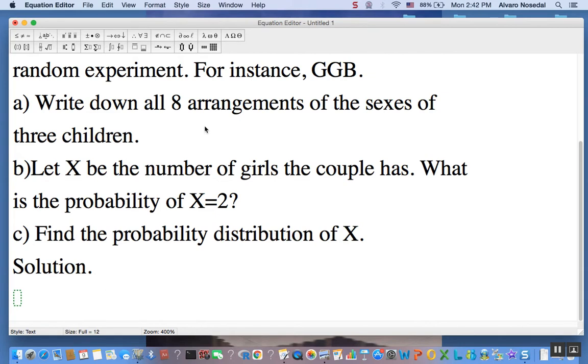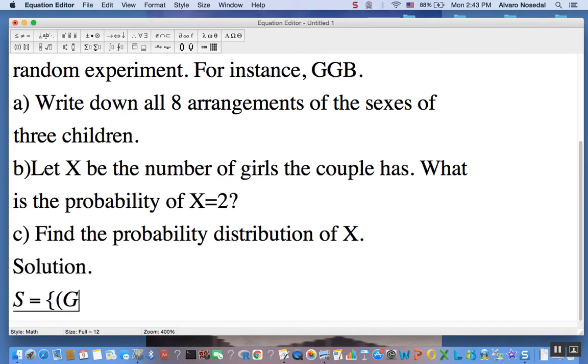So let's begin with that. Let's write down those arrangements, those sequences. We were saying, for instance, GGB would be one of them, right? But let's write down all of them. Okay, here we go. Let me use that notation S. Remember that we use a capital S to represent the sample space.